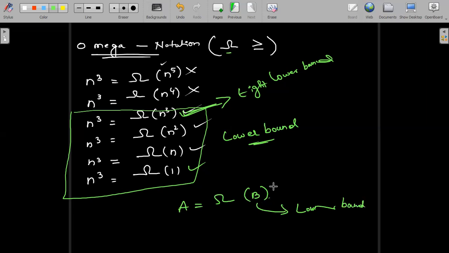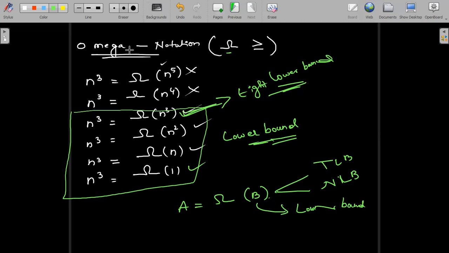And one more important thing is, it may be a tight lower bound or not a tight lower bound. Nothing but it will satisfy this condition. That's why it is tight. The rest of the things are normal lower bounds. But when it goes to big O, it is an upper bound. These are all upper bounds. So this is what we have to understand.